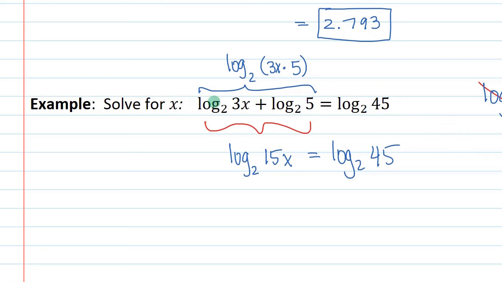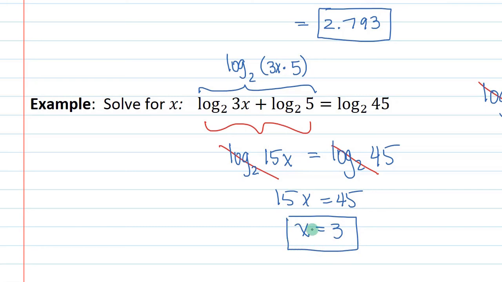So you can see if you just dropped the logs before, you were going to get 3x plus 5 equals 45, which is wrong. It's got to be times. So now, down here, that log matches this log, so drop the logs. You have 15x equals 45. Divide both sides by 15, x equals 3, and there it is. Nice and simple.